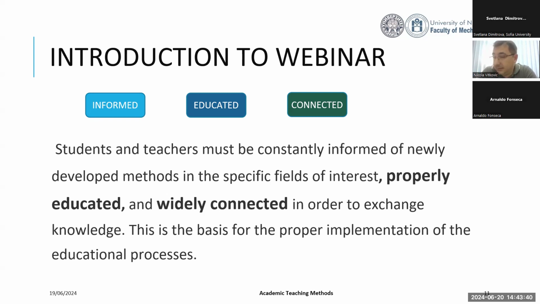And the third thing that is very important is to be connected. Multiple times it happened that some things that we showed at our university, in our lectures and faculty, were not totally right. For example, we were explaining some theory about machine functions, for example for modern CNC lathes, and we were convinced that what we said was okay.